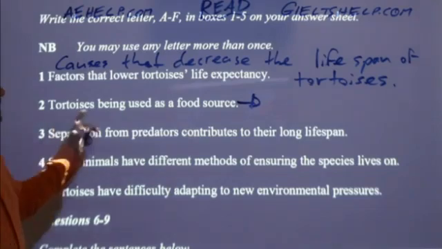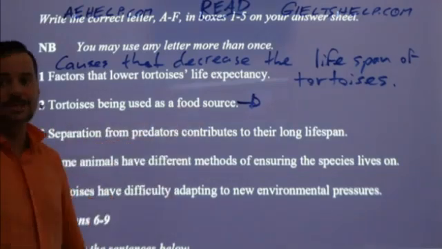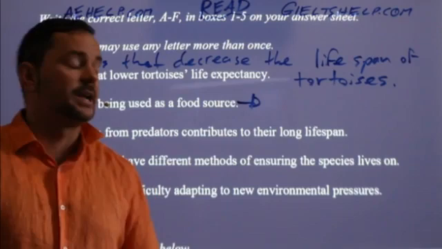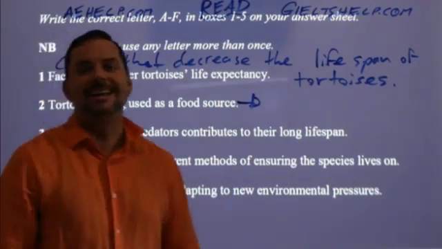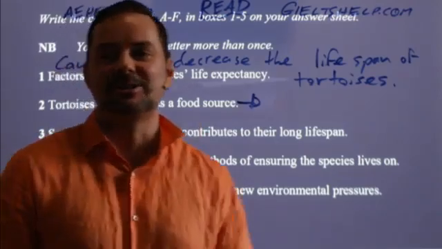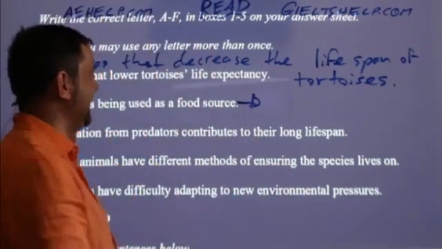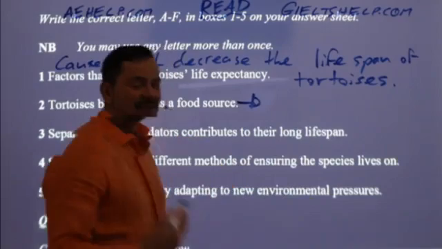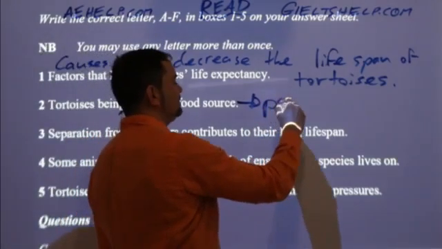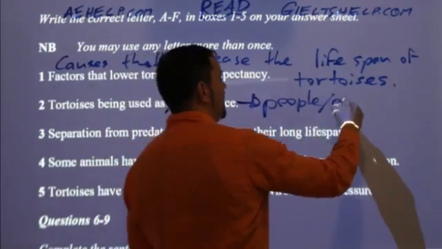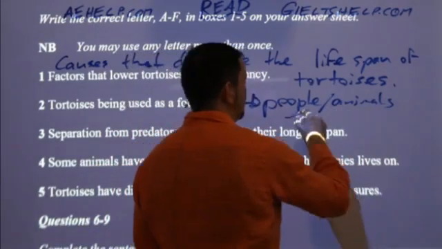So tortoises being used as a food source. What's another way to express that idea? Yeah, so Juan Pablo says, people eating them. So, I shouldn't laugh, it's terrible, but yes, okay? So people or animals eating them.